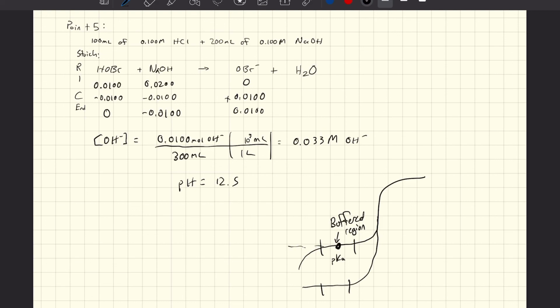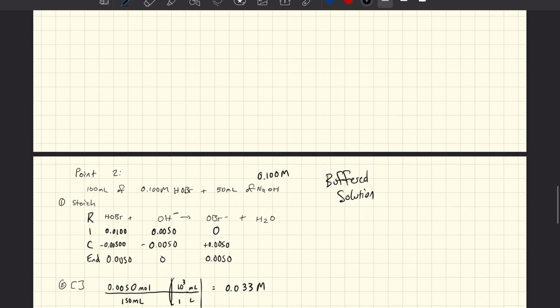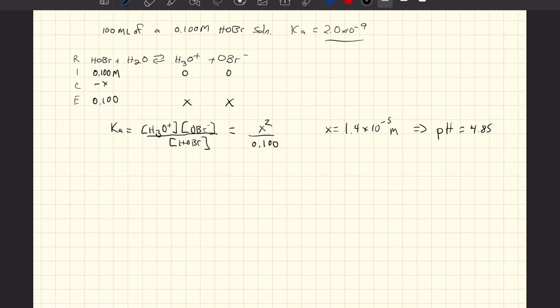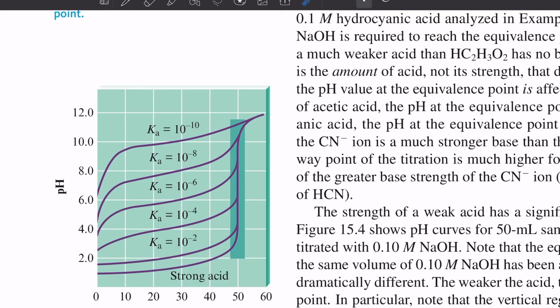Okay, but before, if we go look at point 1 and we think about between point 1 and point 2, there's such a small concentration of the base initially that we don't actually get good buffering in that region. That's why at the beginning of these, you'll oftentimes see a region where there's a great change in pH when you're adding base in.